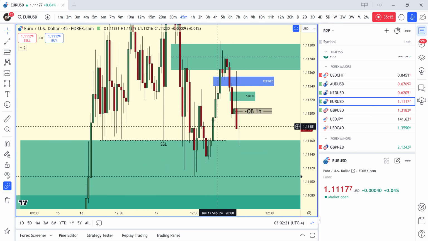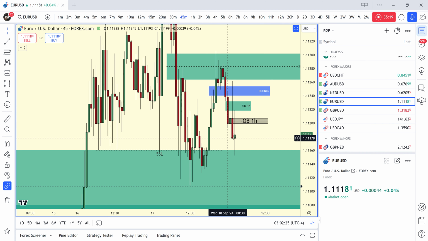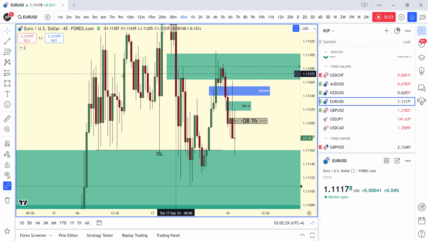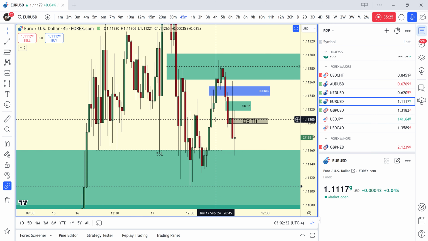Actually, these imbalances and PD arrays is all liquidity and people getting into the market that didn't get a chance at these areas. It's so fast relative to the entire chart, right? A displacement is relative to the chart, whether this is a daily, monthly, weekly.